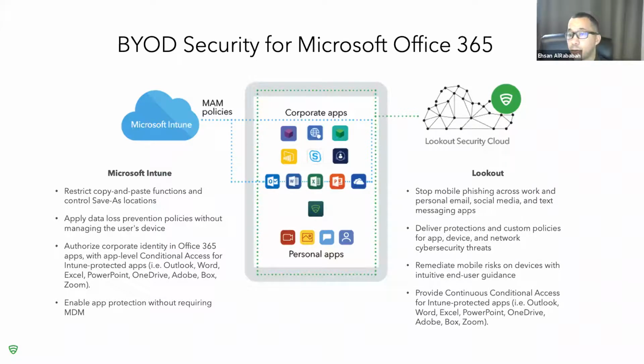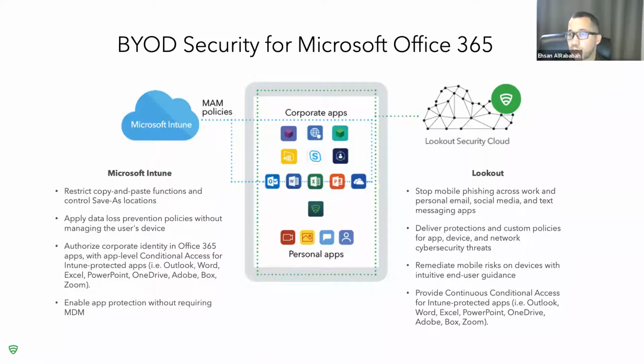Remember from the previous slide, Lookout usually works with the Azure AD environment and the Intune MAM environment to provide conditional access. So when Lookout evaluates that the device is not compliant, the user will lose access to the corporate data. If the user remediates the threat and restores the compliant status, they will regain access to Office 365 and the corporate resources.